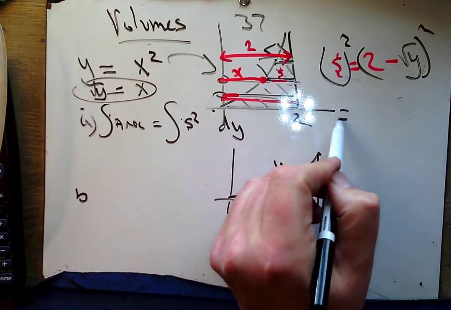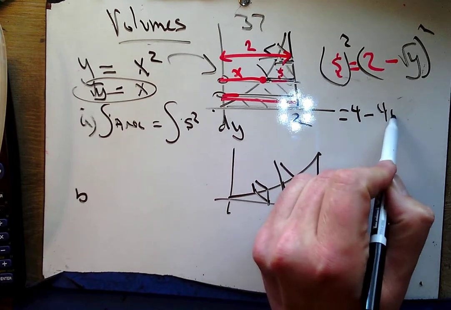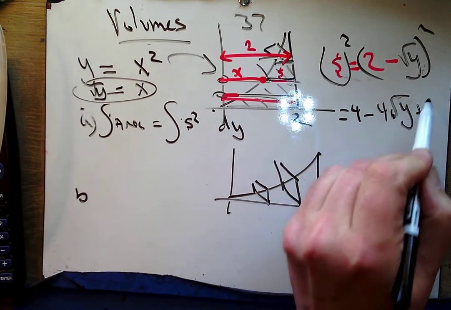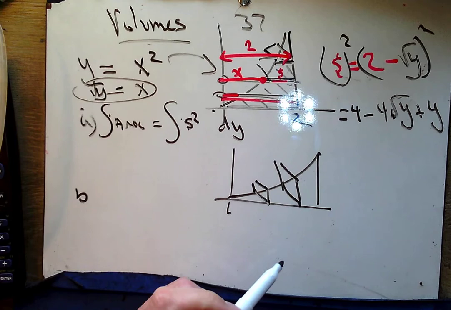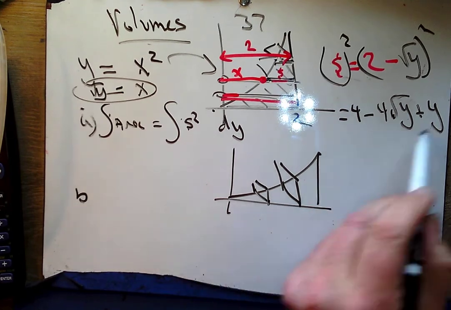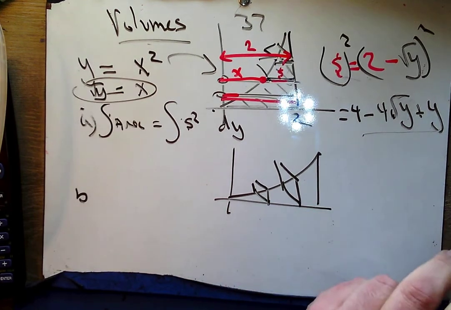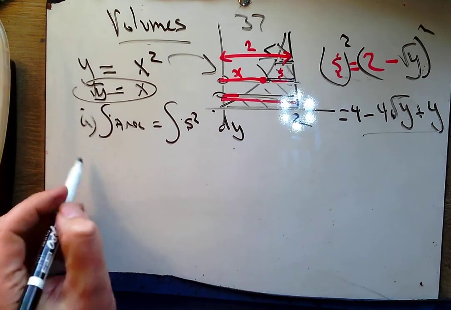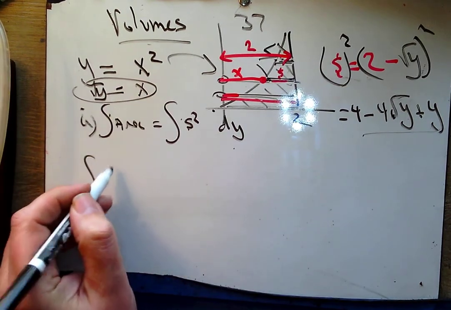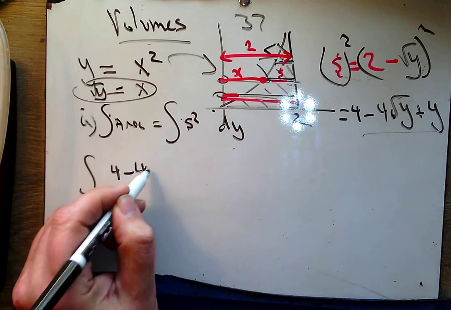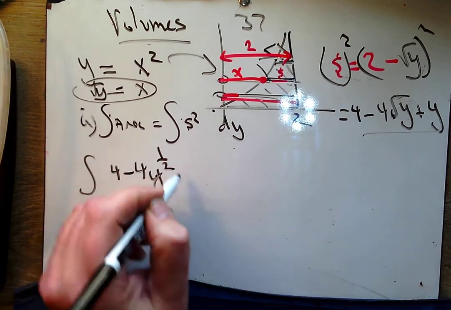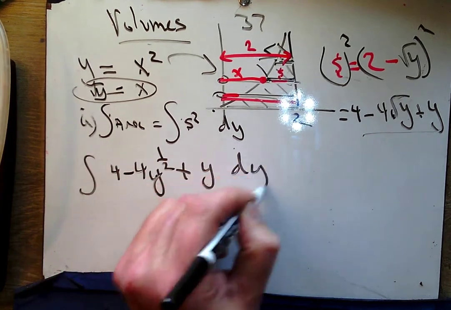Okay, so I get 4 minus 4 root y plus y. Good. That's side squared. And so I'm integrating 4 minus 4 y to the 1/2 plus y dy.